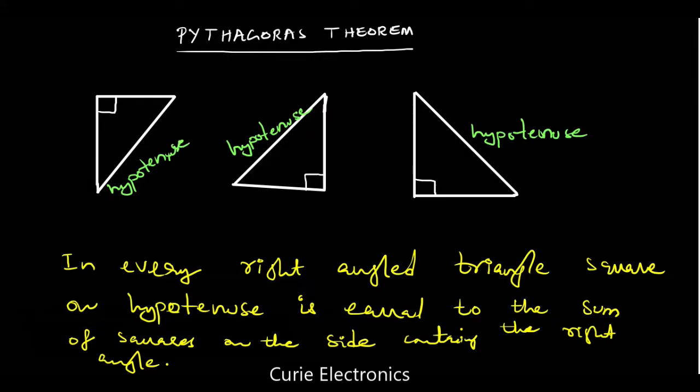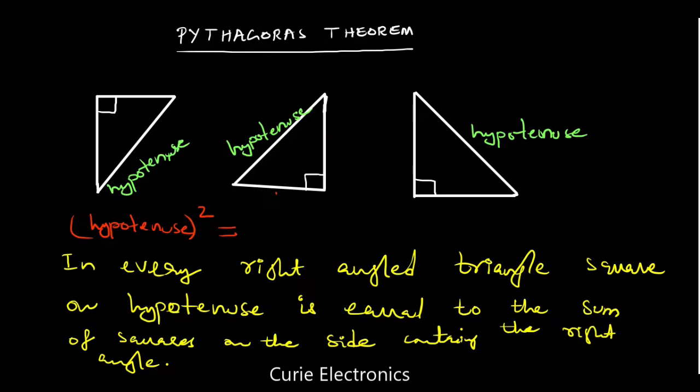Now, what does this theorem statement say? The square of the hypotenuse equals the sum of squares of the two sides which contain the right angle.